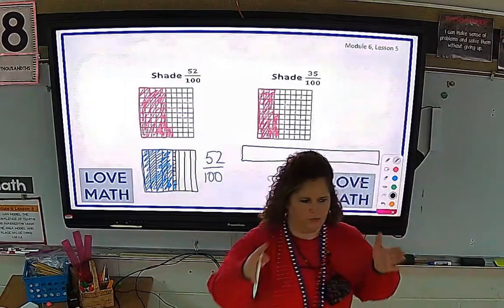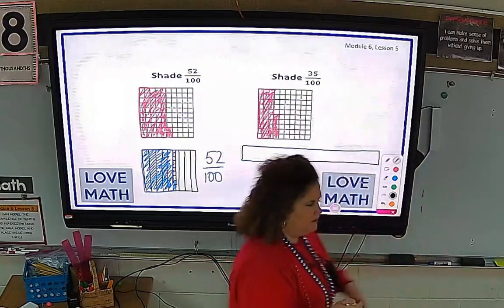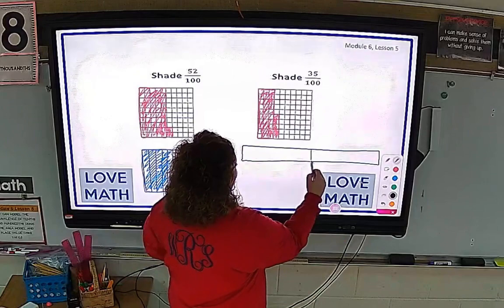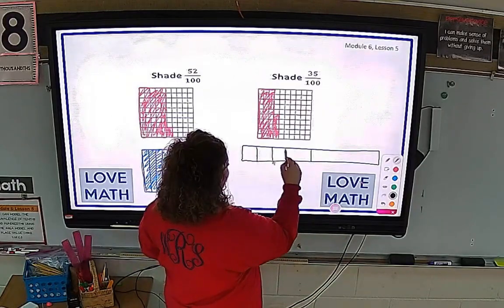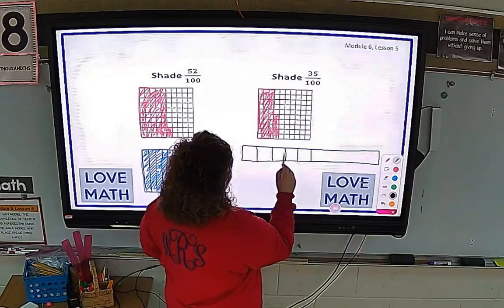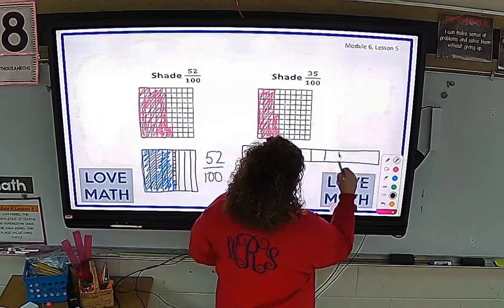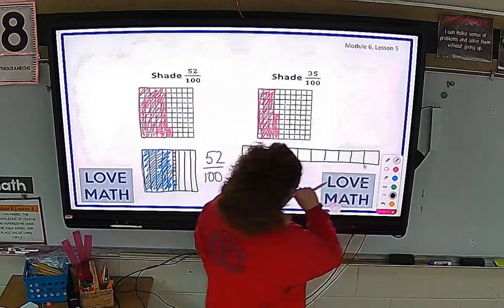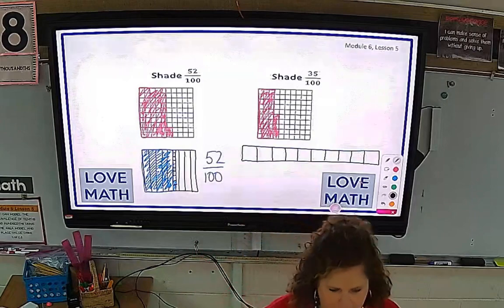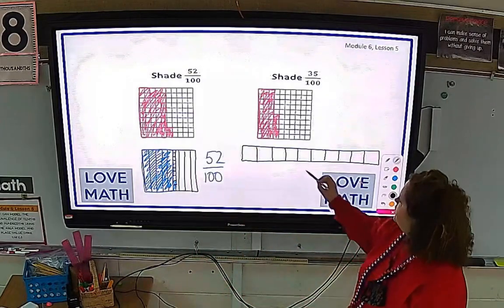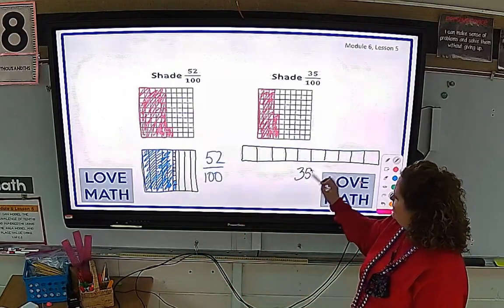If you need to turn your board for this one the long way, that's fine. All right, everybody's with me. We're still going to be able to show 35 hundredths here.